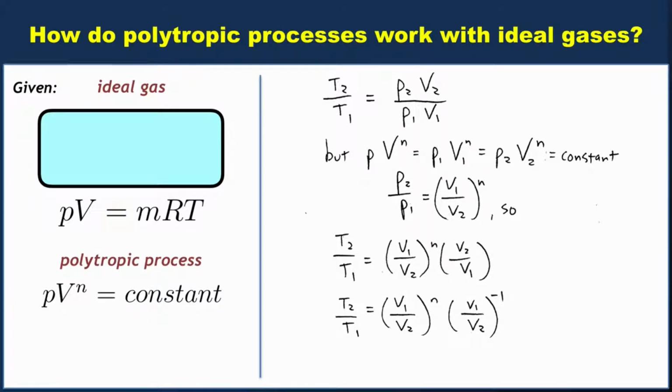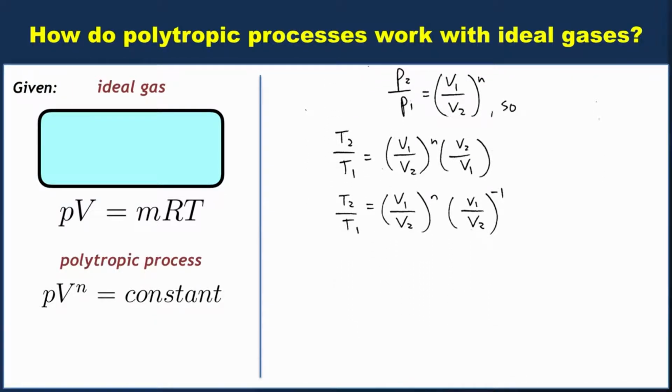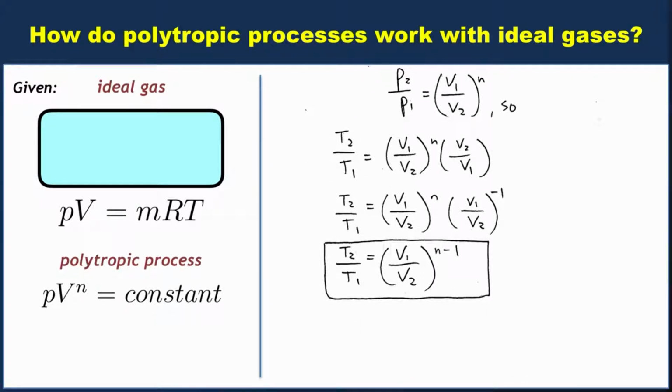Normally that would be a weird choice, but the idea is to combine the arguments, so we want V1 over V2 to some power, and indeed we can rewrite that as T2 over T1 equals the quantity V1 over V2 to the n minus 1 power. Okay, so that's our first relationship between temperatures and volumes for a polytropic ideal gas process.